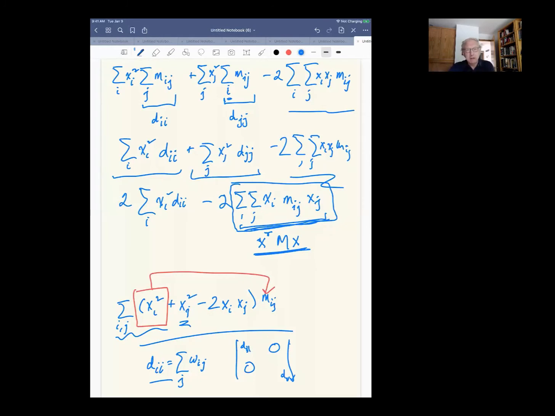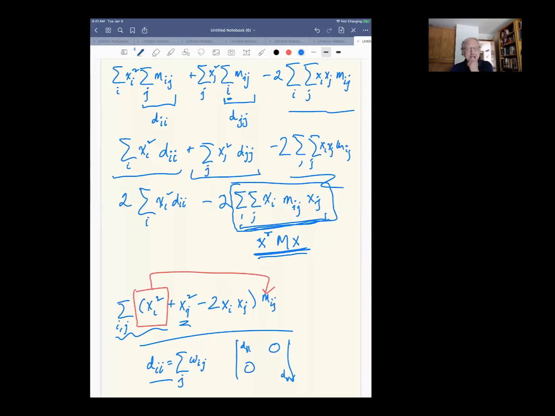We've done some algebra, and lo and behold, what we have can be expressed very naturally as a product of three matrices, where the ones on the left and the right are really just vectors.